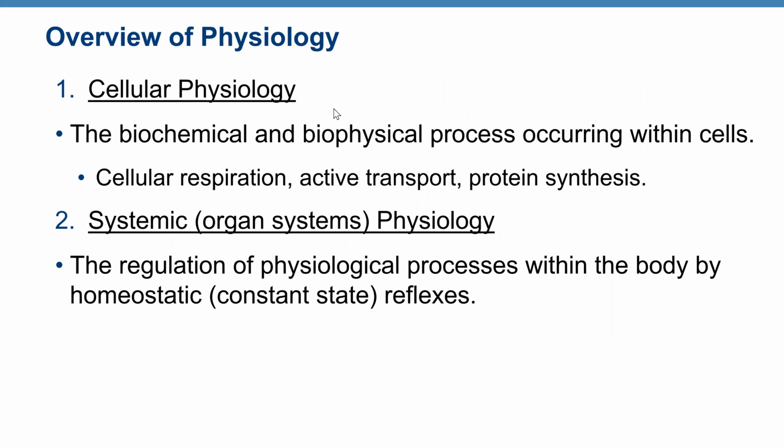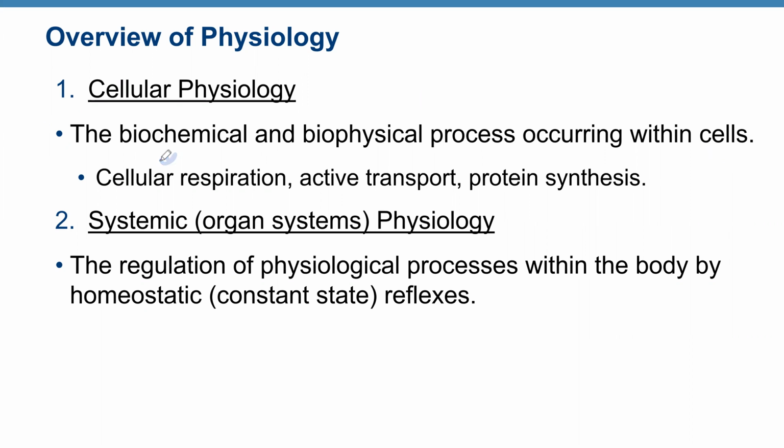As any branch of science, physiology has different branches. Cellular physiology, for example, studies biochemical and biophysical processes occurring within a cell, such as cellular respiration. You probably heard about it.